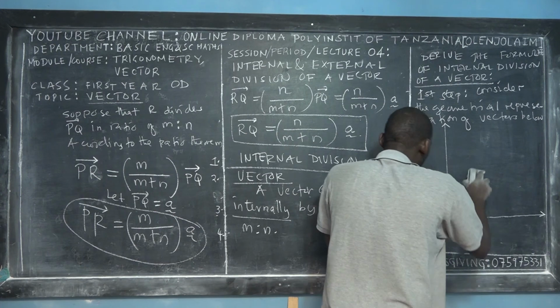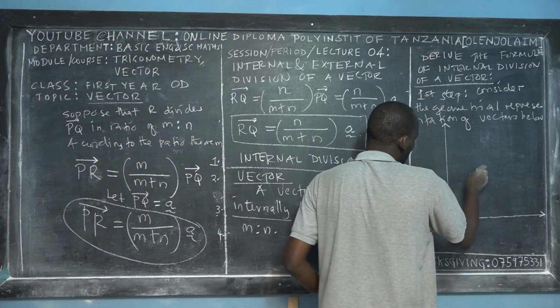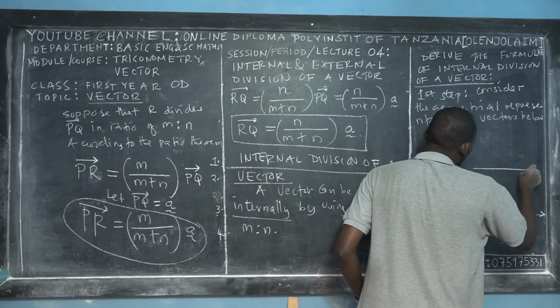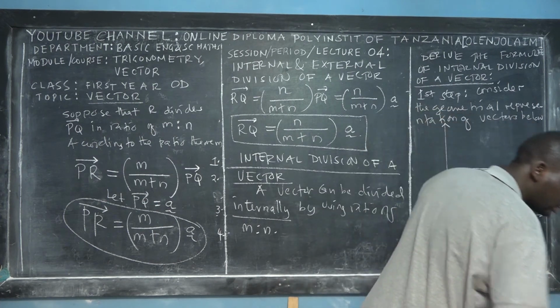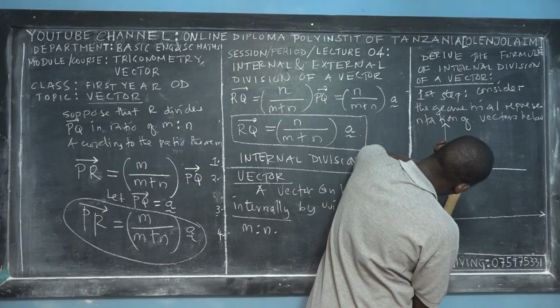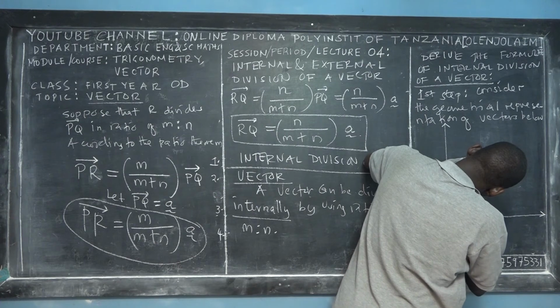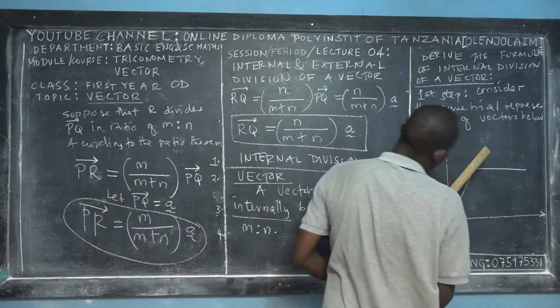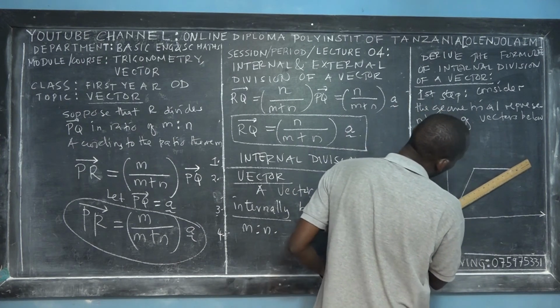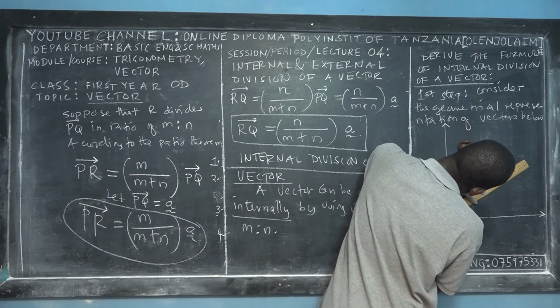Let us draw this geometrical representation. Suppose we have a straight line like this. Then we have another line here.